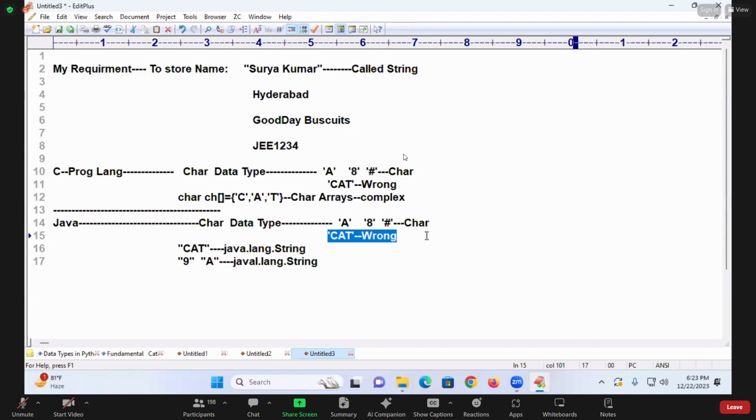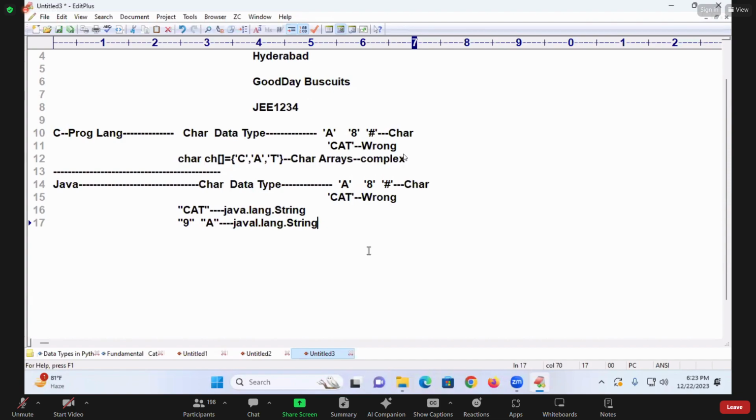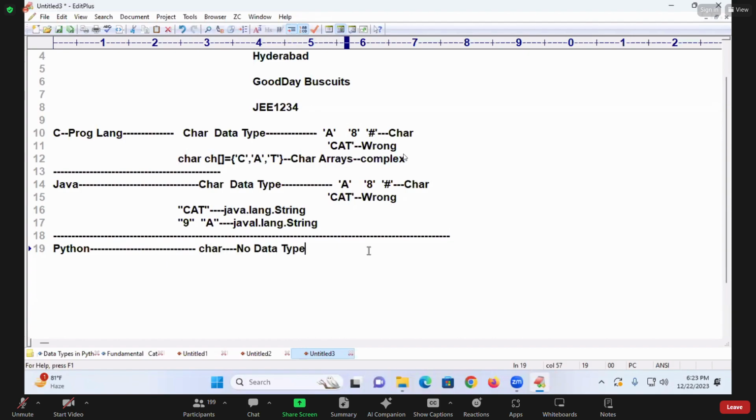Did you understand this? But in Python, careful now. In Python programming, what is happening? There is no char data type available in Python language. After learning Python, you will feel that the char data type is of no use.